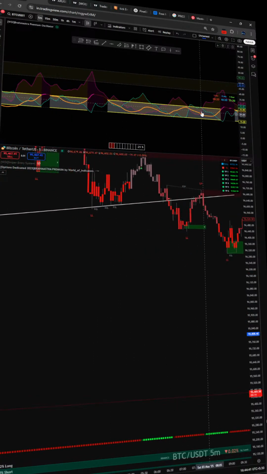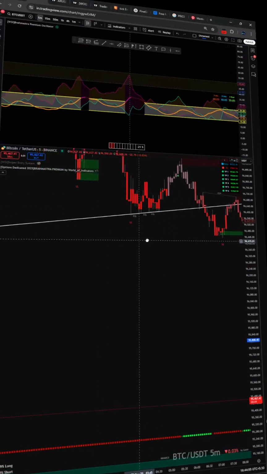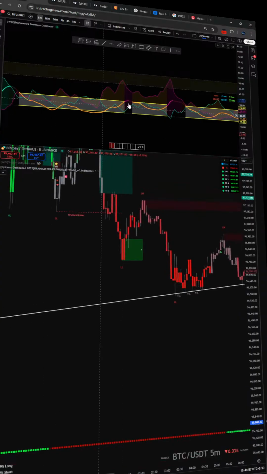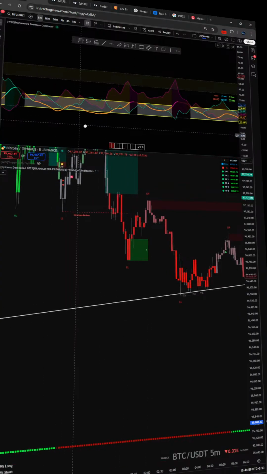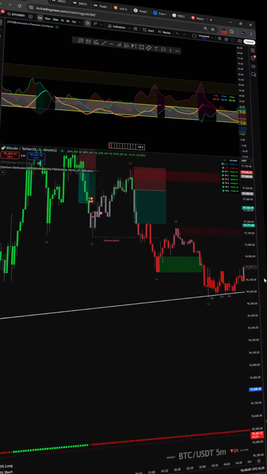So this market is in range. We don't wish to go for any buy here.